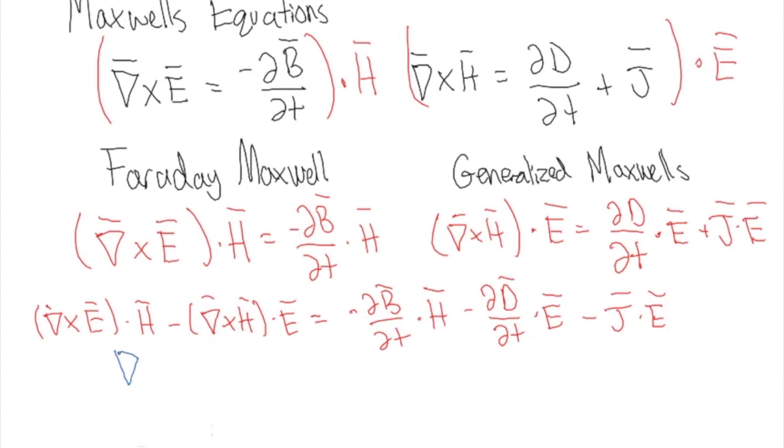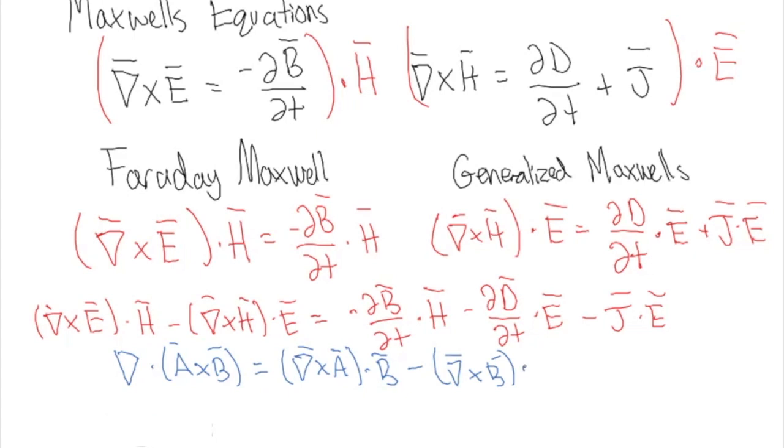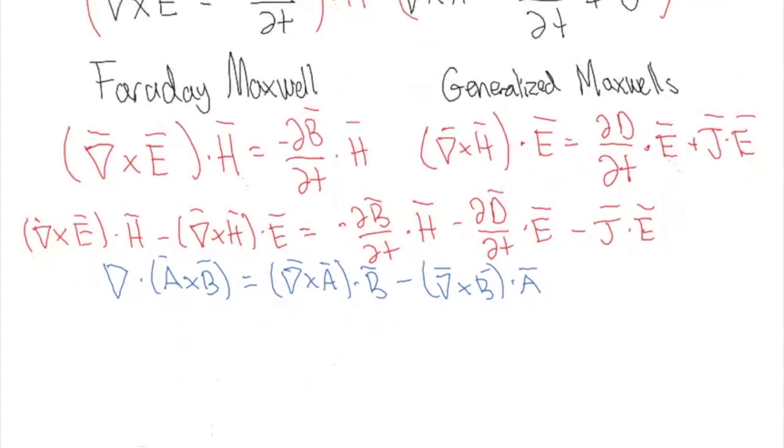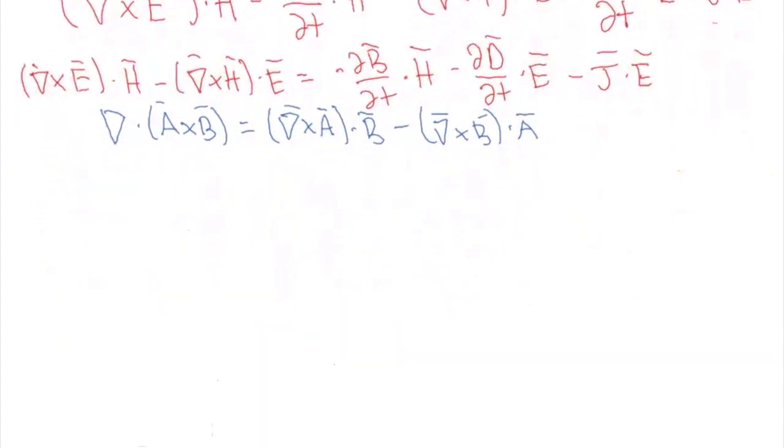So there's a vector cross product identity, which is the divergence of A cross the vector B equals the curl of vector A dotted with vector B minus the curl of the vector B dotted with the vector A. And so if we look above in our equation, we can see we have the right hand side of that, and so we can substitute the left hand side into our equation.